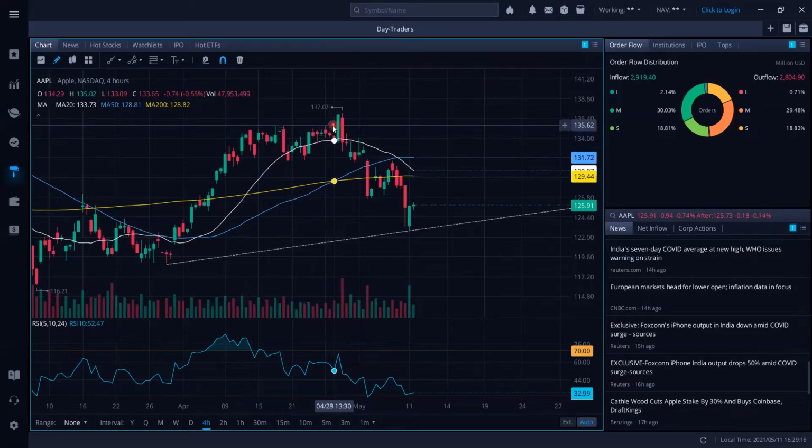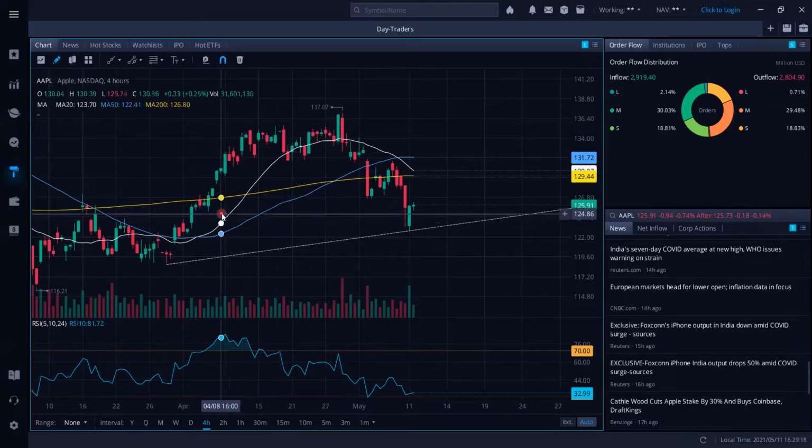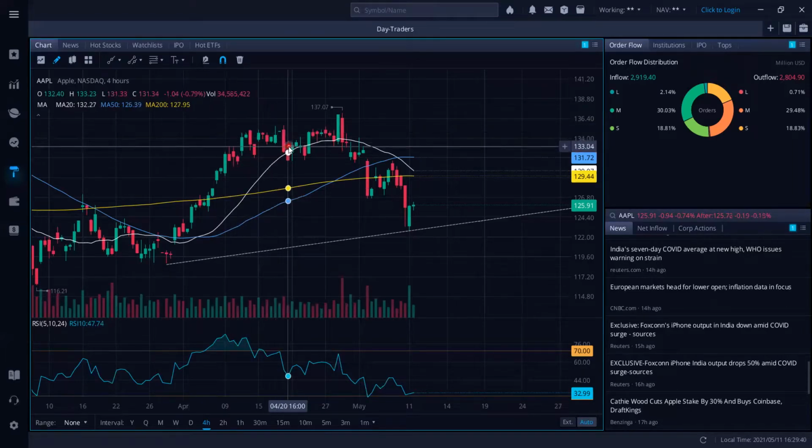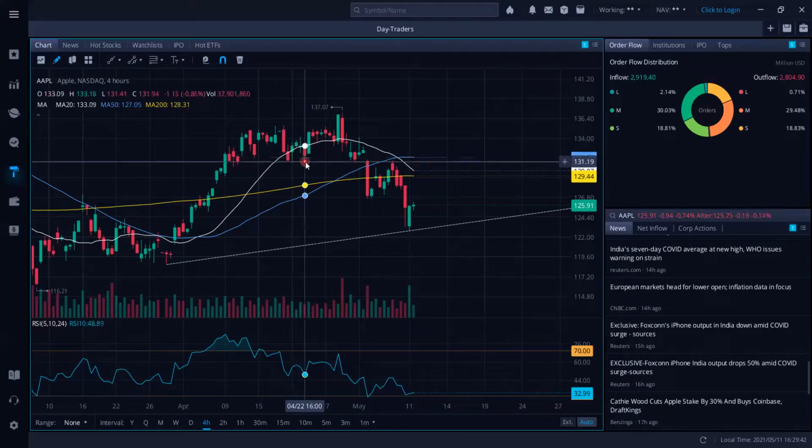Well, that's the thing about price movement. It's overbought here because we started from here, right? So you had all this buying action going on all the way up until this point right here. So we had to have the stock come down a little bit.